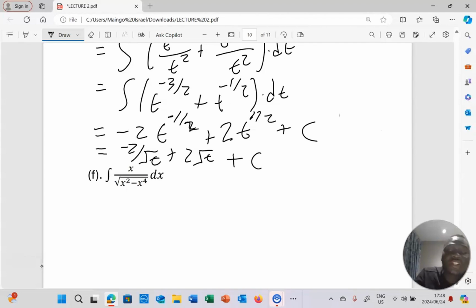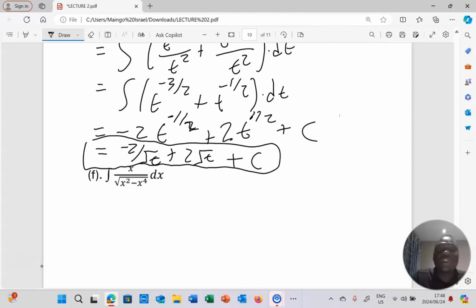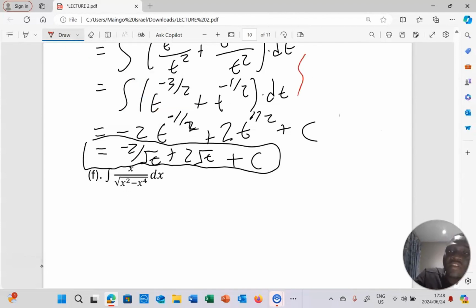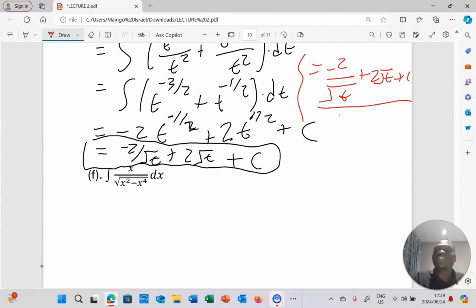Immediately after integrating, we need to add a constant. So this is the final answer for that problem, written clearly: minus 2 over root t, plus 2 square root of t, plus c.